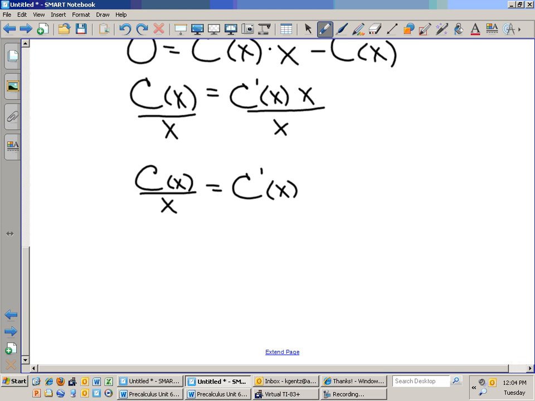Now, let's just think about what this means. We're done. What is c of x over x? Average cost. What does c prime represent? Marginal cost function.